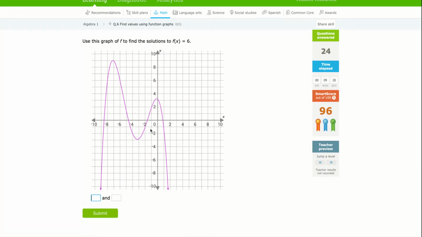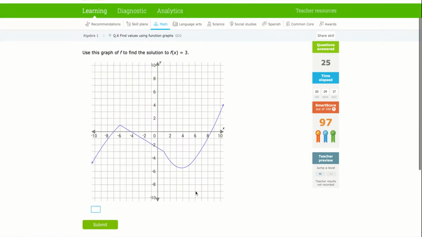Again, output of 6, so I go all the way up here to 6. Looks like I have 2 points at an altitude, or y value, of 6. We have an x value of -8 and an x value of -6. Output of 3, so I come up here to 3, look over, there's only this one at 10.